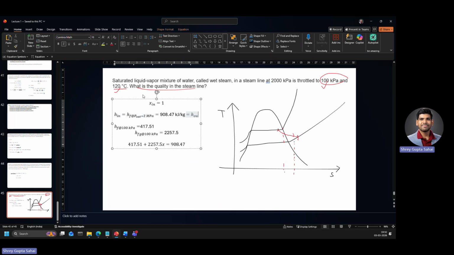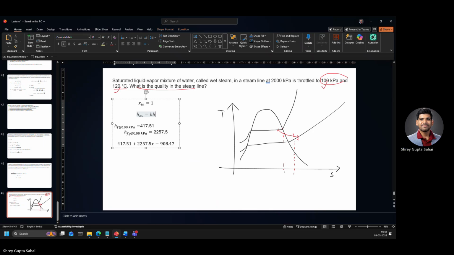Let me correct this. This is incorrect. So H out should be H at 100 kilopascals. So this is a superheated state that we know. That is important.